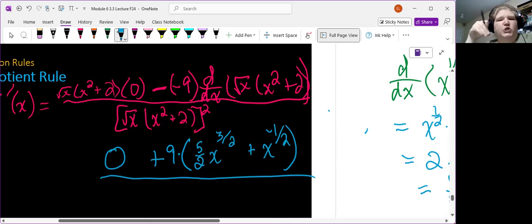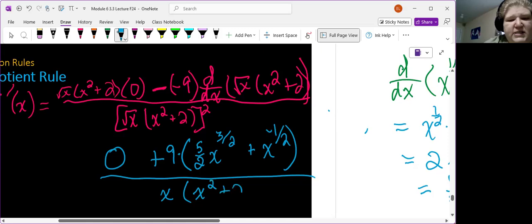Now the denominator squared, normally I would leave it alone, but this denominator is a product. So I like to usually apply the squared to both things in the product. So square root of x squared is just an x, and then x squared plus 2 whole thing squared is x squared plus 2 whole thing squared.